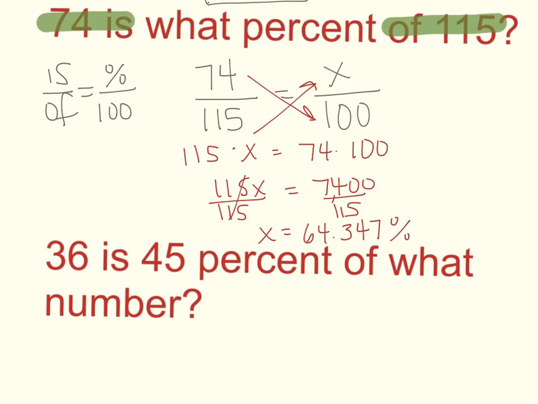Okay, so we're going to round to the nearest hundredths place, which means I'll see that this 7 is greater than 5. So I'm going to round this number to 64 and 35 hundredths percent. So I would answer this question by saying 74 is 64 and 35 hundredths percent of 115.